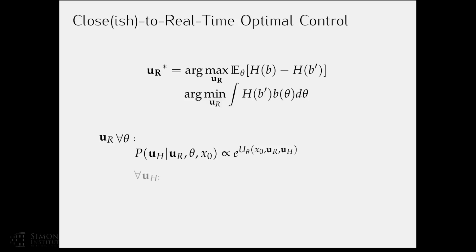And if I have this probability distribution for everything that the person might do, I can figure out what my B prime would be if the person actually did this. So even just evaluating this is computationally difficult. And so we're making several approximations in order to be able to solve this in close to real time.